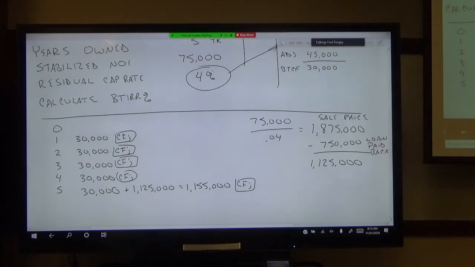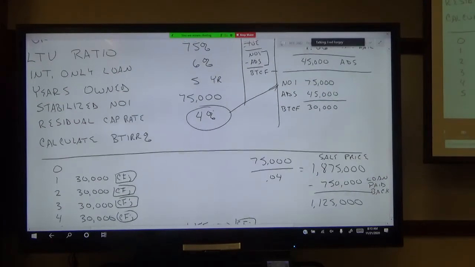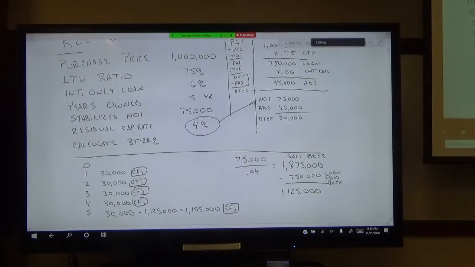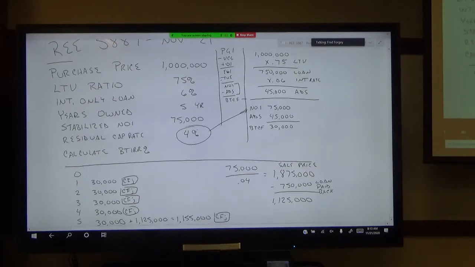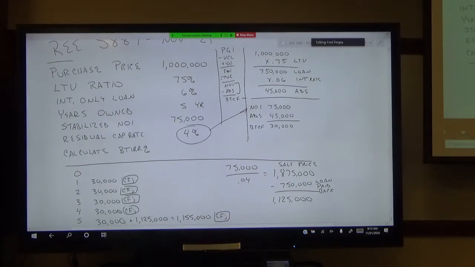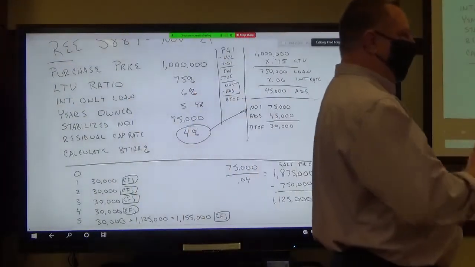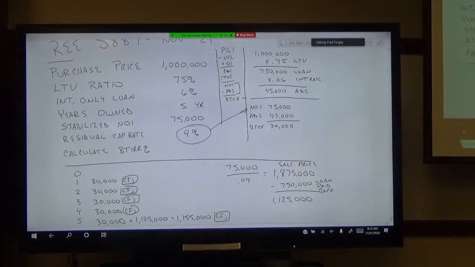Okay, now, at time period 0, what is going to be our cash outflow? Before you answer, make sure that you're thinking about this, because we're looking at this from the equity investor's perspective of the amount of equity that they put into the project, therefore equity in, equity out.